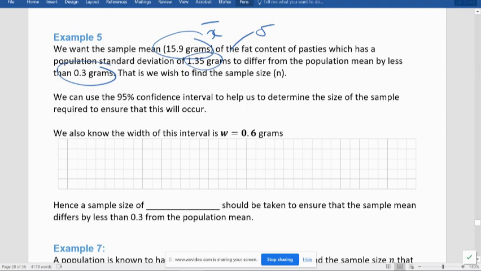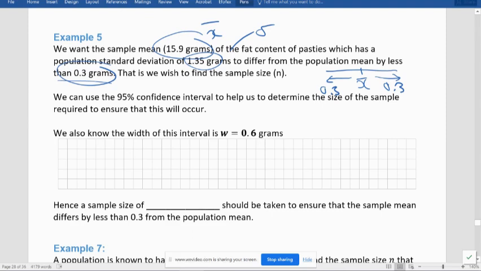What they're trying to say is that from the sample mean, it could be larger by 0.3, or it could be 0.3 less. So that is what differ by no more than 0.3 means.